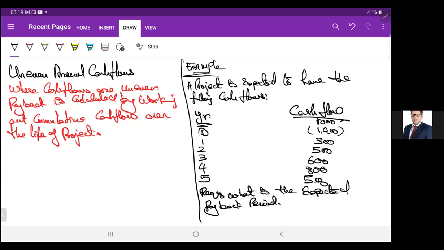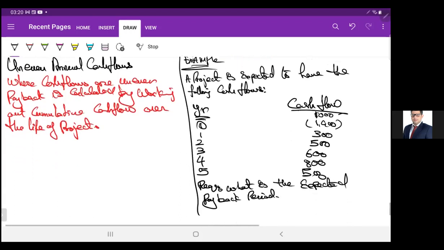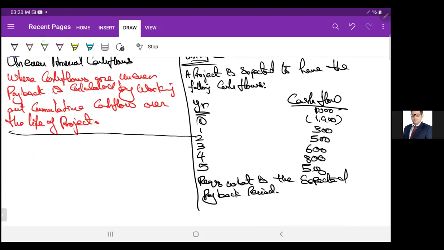Now you can see over here, let me keep the example in front of you like this. Year, cash flow, and cumulative cash flow.